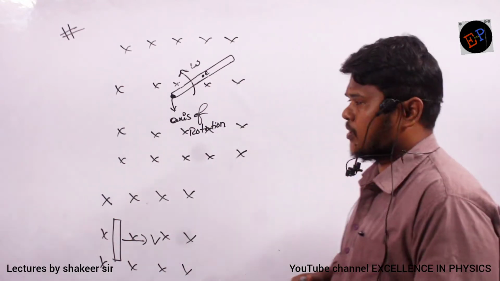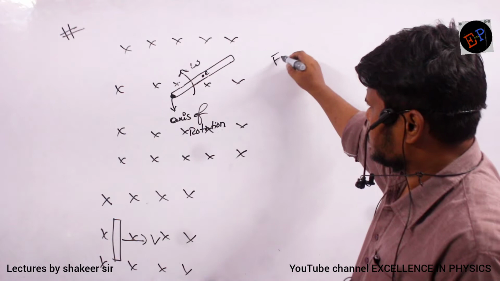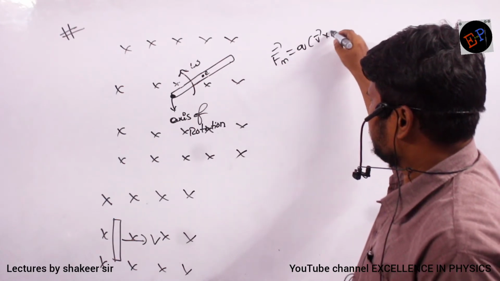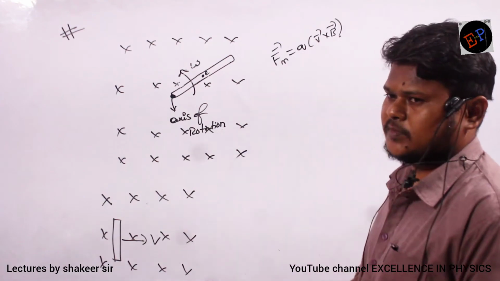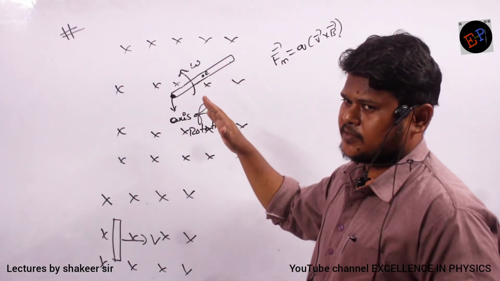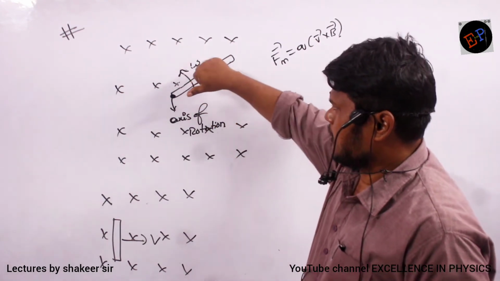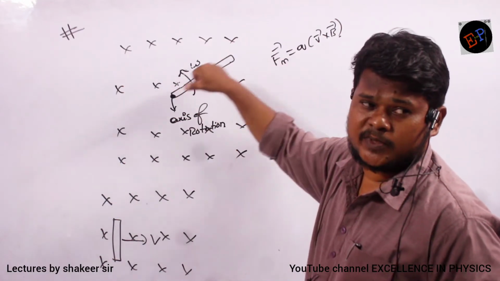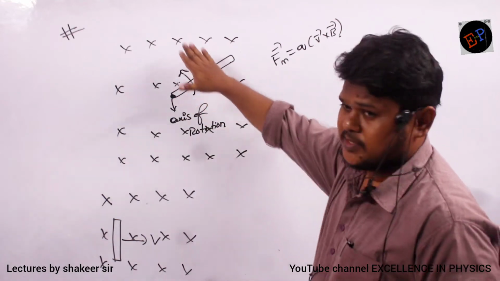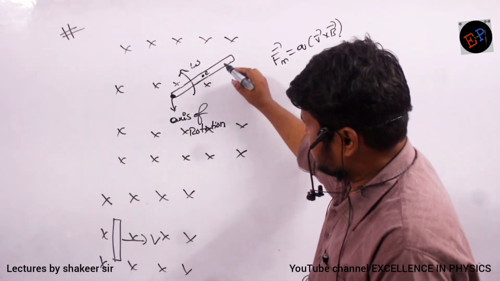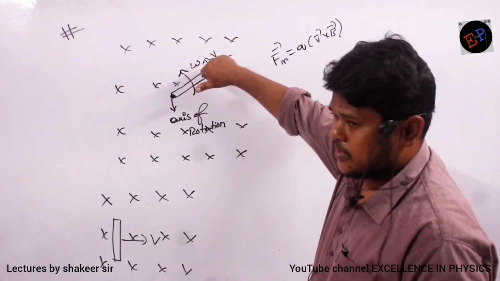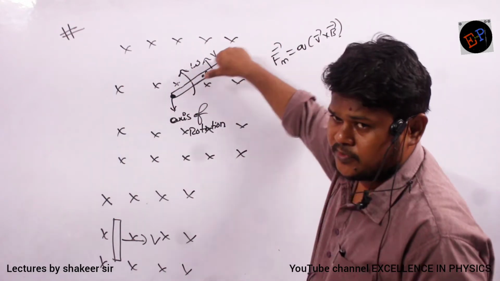Magnetic Lorentz force Fm dash is equal to Q into V dash cross B dash. Consider velocity is like this. So V dash, B dash. This is the direction in which positive charge will experience force. When rod is in this direction, velocity is in this direction only, no? So V dash cross B dash, positive charges will experience force in this direction.